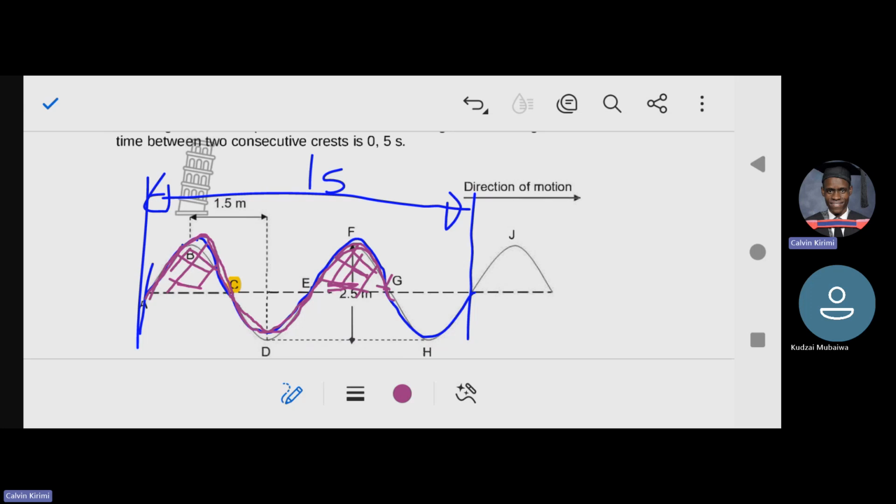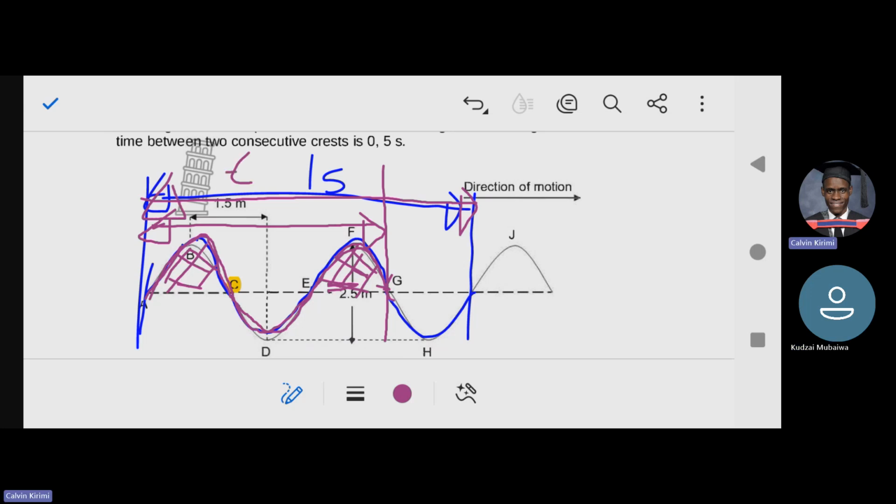What is the time up to that point? 1 second, measured from the first crest to the second one. That is 1 second.